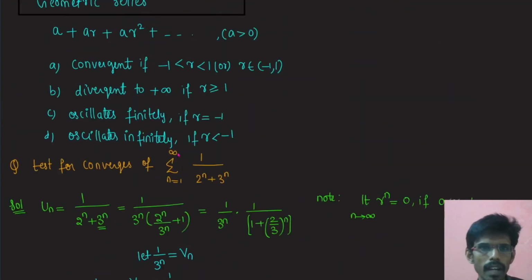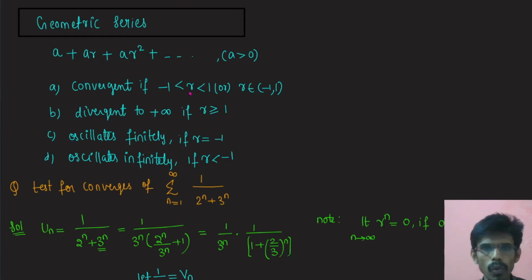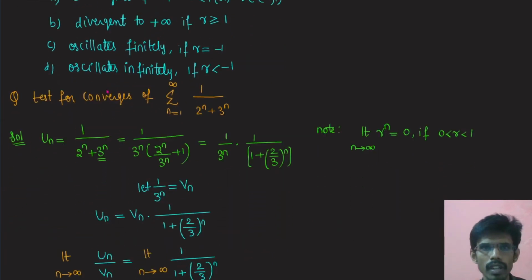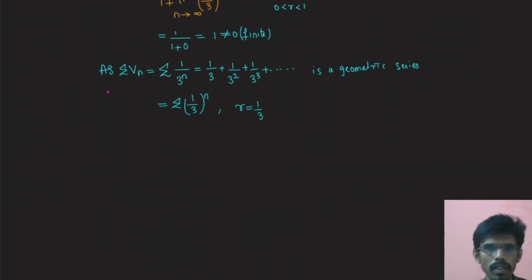Now we have seen that if the r value lies between -1 and 1, the series will be convergent. So this r value, 1 by 3, lies between -1 and 1. When r lies between -1 and +1, the series will be convergent.